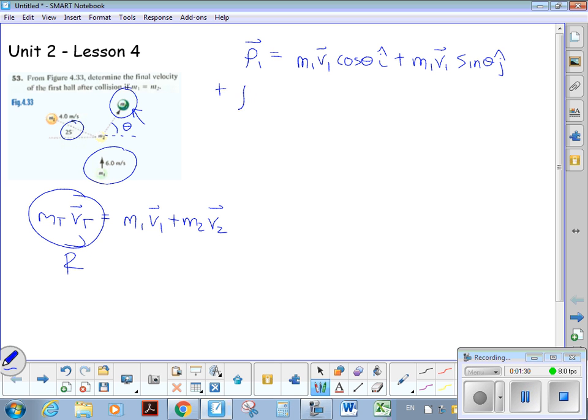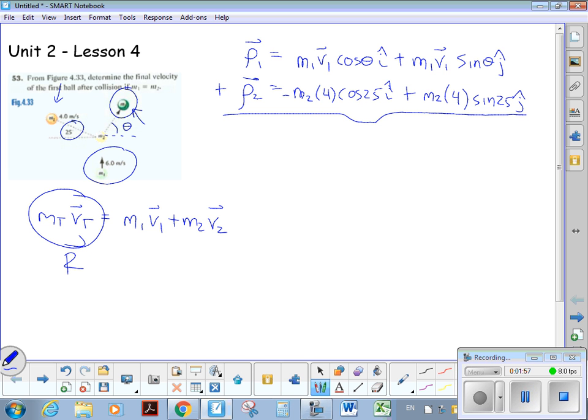And then we're going to add the momentum of ball number 2. And that one is m2 times 4. Oops, and it's a negative because it's going in the negative direction on the x-axis. It goes 25 i. Plus, it is going upward, m2 4 sine 25 j.